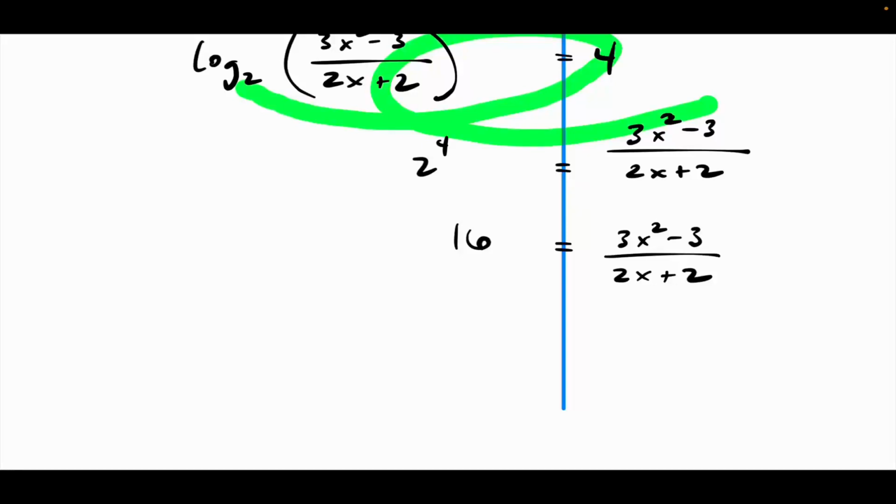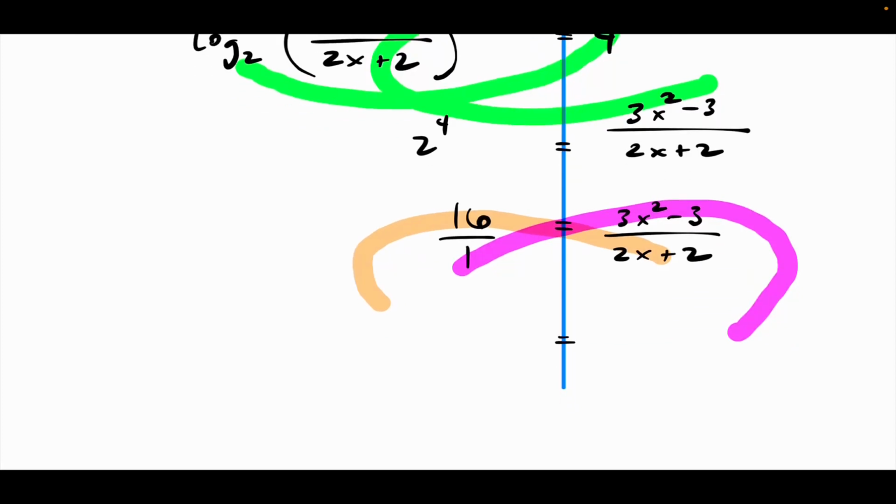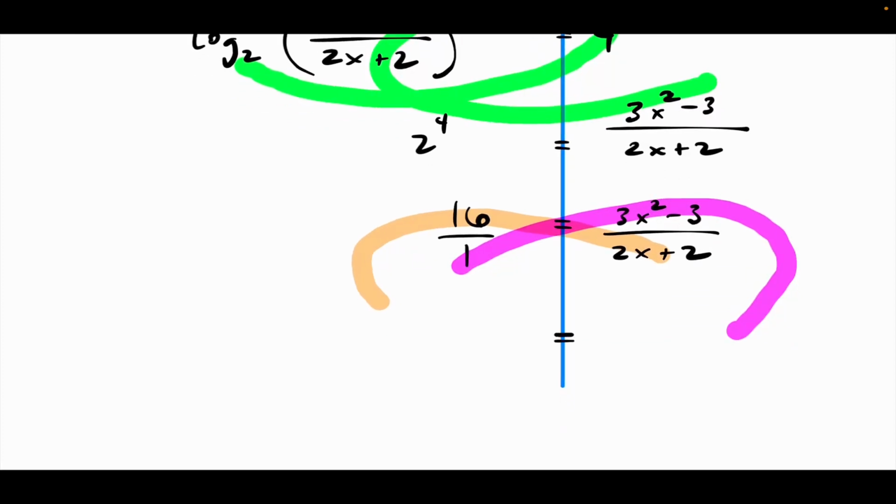You got to turn 16 into a fraction. It's a fraction equal a fraction. So I'm going to do diagonal multiplication or cross multiplication. So I'm going to multiply these two guys. And then I'm going to multiply these two guys. And equals in the middle. That's how to get rid of those two fractions.